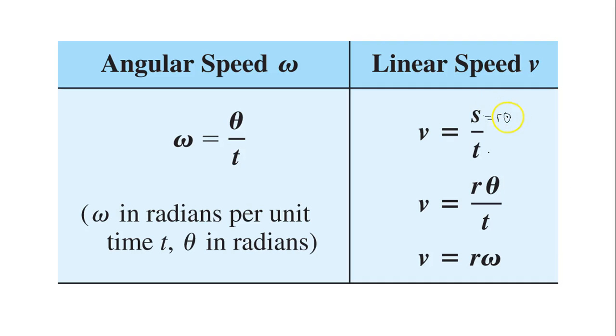So replace S with R times theta, and you get this formula right here, that V is equal to R times theta over T. Now, the next formula is similar, because we have theta over T, which represents our angular speed. If we are given a radius and our angular speed, we can figure out the linear speed. So that is 3 different formulas that we are going to be using for linear speed.